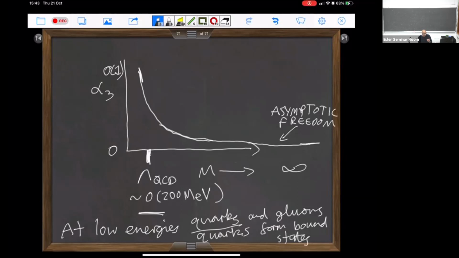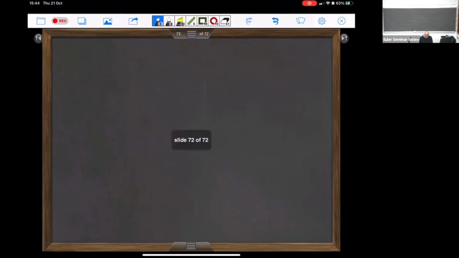And it turns out that all of these bound states are SU3 singlets. You know what I mean?